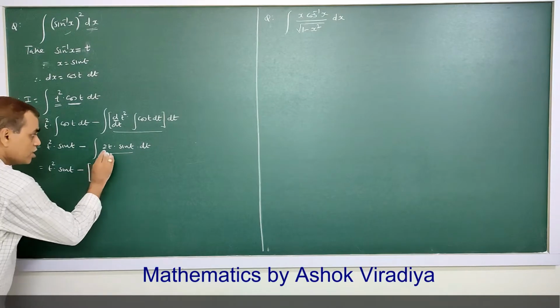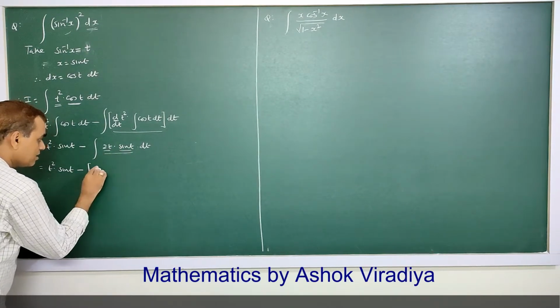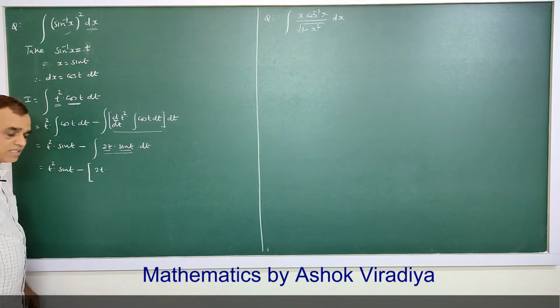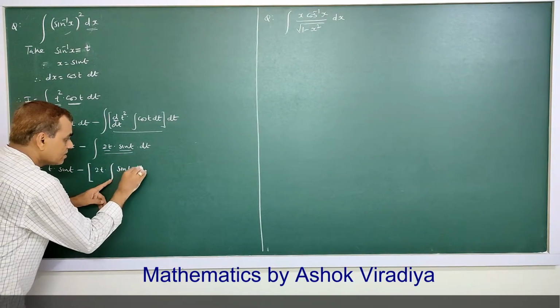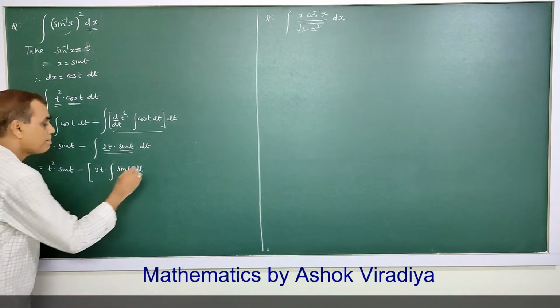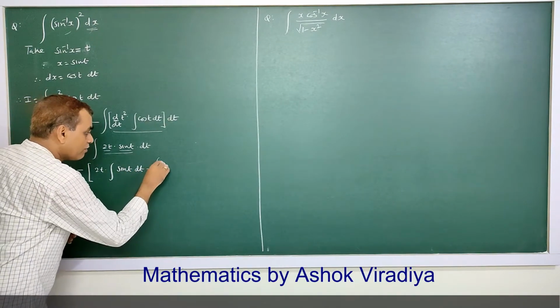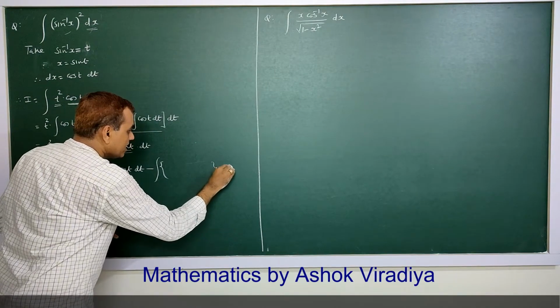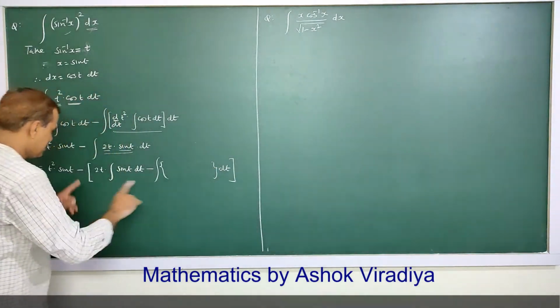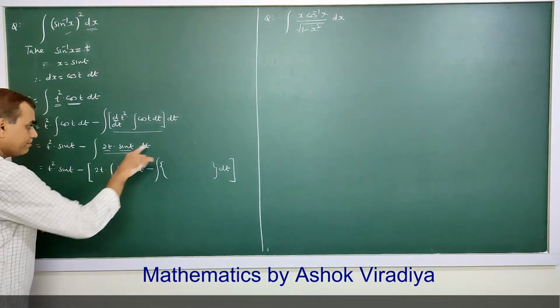Now see, u into v: u as it is, integral of v, minus integral of box with respect to t, close bracket, this main bracket for the second term.